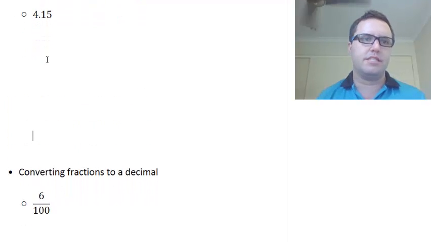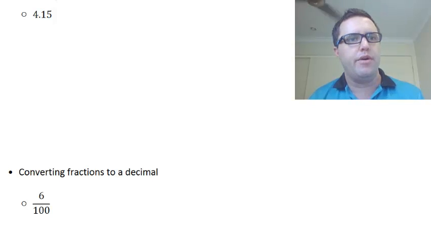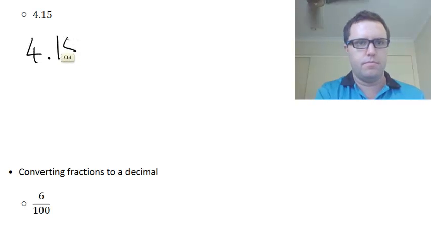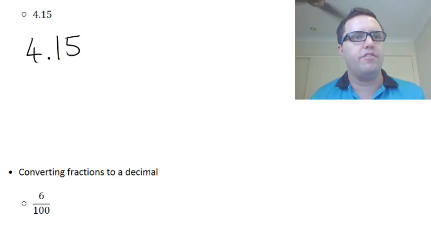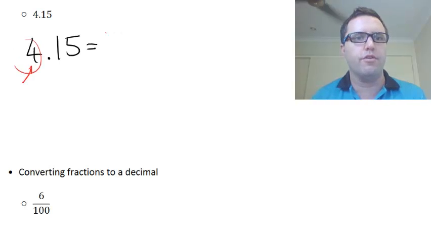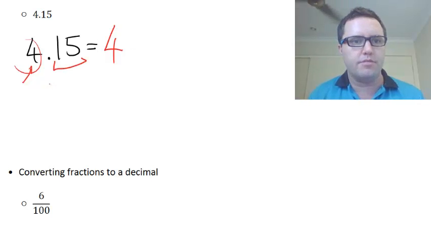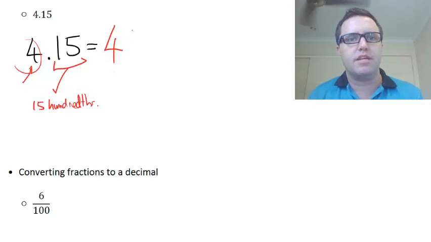That might look a bit scary to turn into a fraction. However, we're going to come in with a bit of mixed number action here. 4.15 is equal to, if we look here, a whole part of 4, so we can have our 4 out the front for our mixed number. And here we have 15 hundredths, so that means we can have 4 and 15 hundredths.